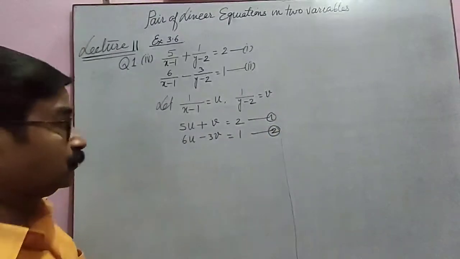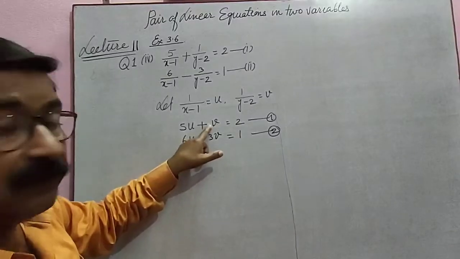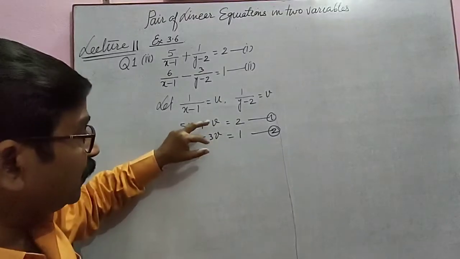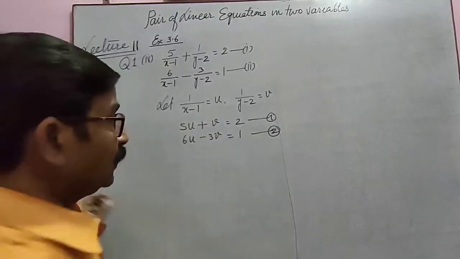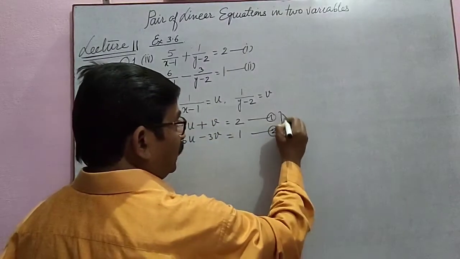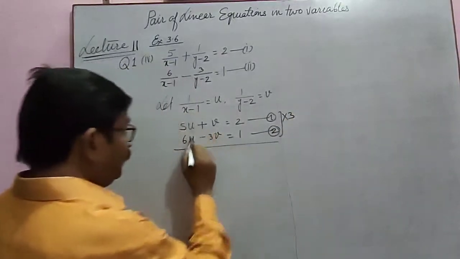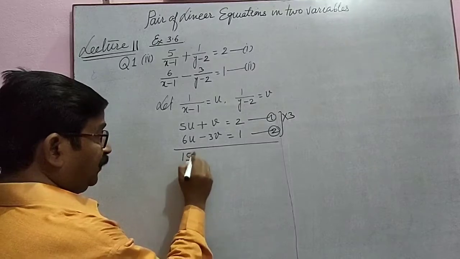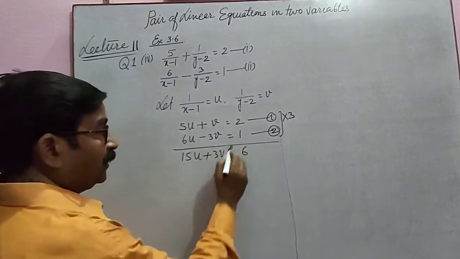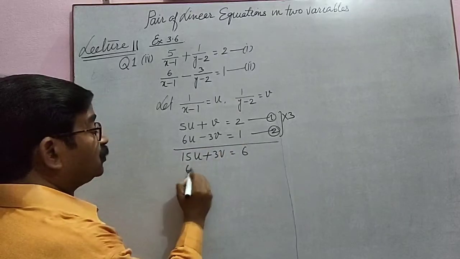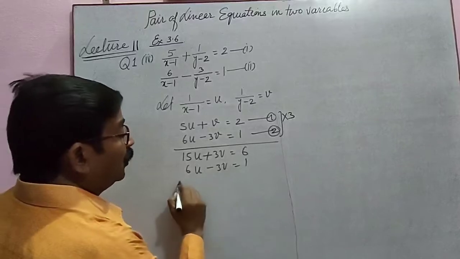Once again, here v is minus 3v and here v is 1v. So we can multiply equation number 1 by 3 to eliminate v, as you wish. So multiply equation number 1 by 3. Let's see. We have 15u plus 3v is equal to 6. Here nothing to multiply, so 6u minus 3v is equal to 1.